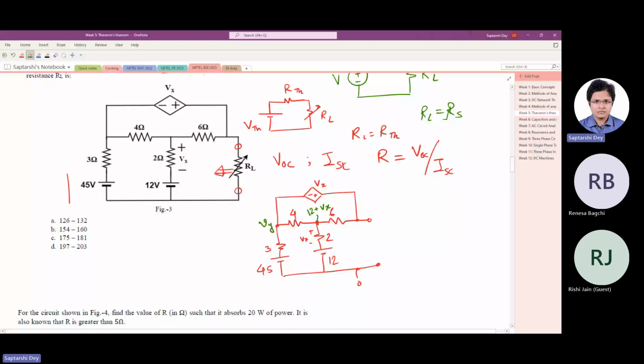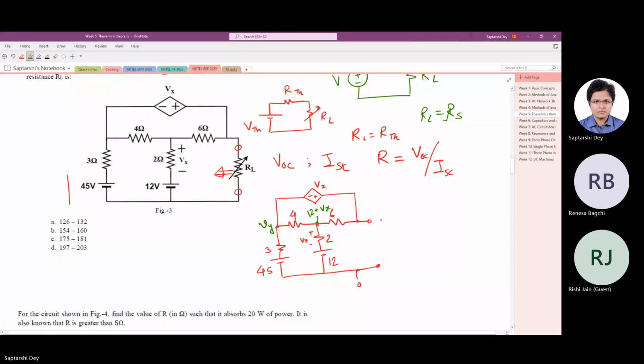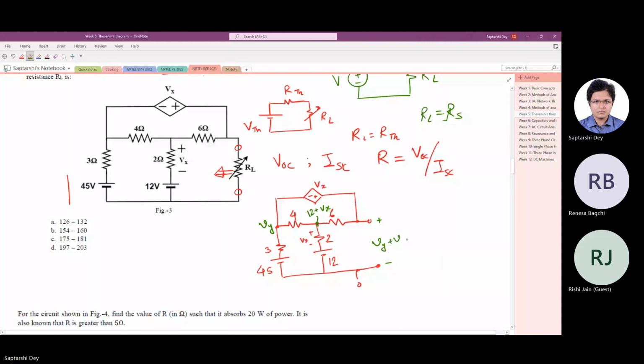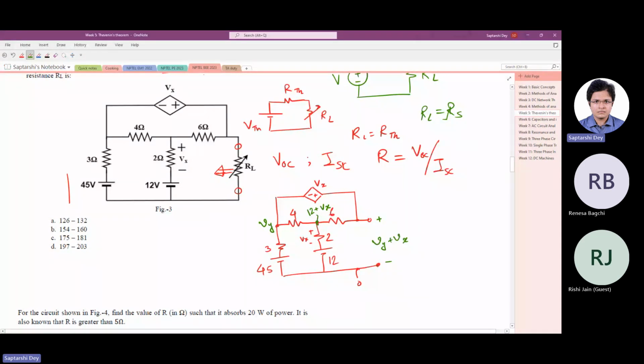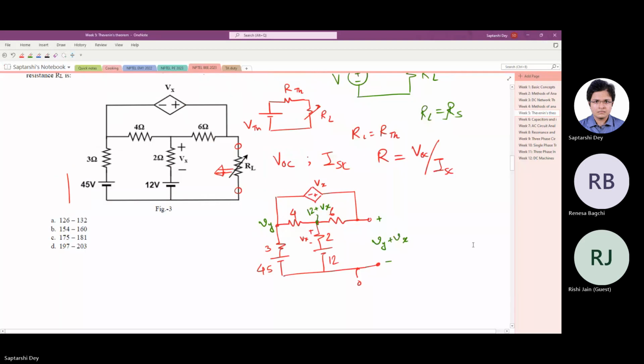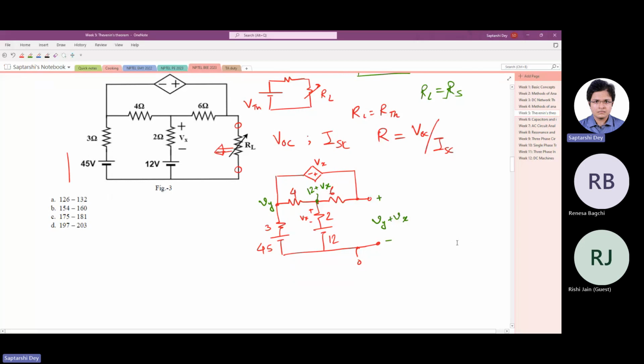Now if this is Vy, then clearly the node voltage here is Vy plus Vx. So now we have two unknowns, Vy and Vx, and we have two nodes where we can apply node analysis.